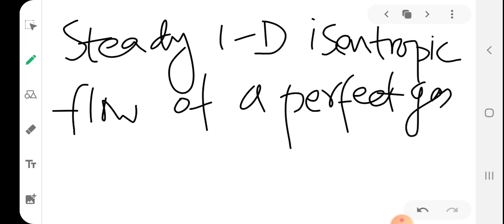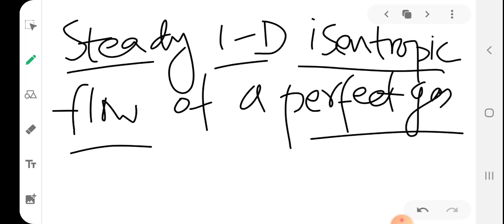So these are the assumptions. It is steady, it is one-dimensional, it is a perfect gas, there is negligible body force, and the driving potential is the area change. So that is why it is called isentropic flow. Okay.